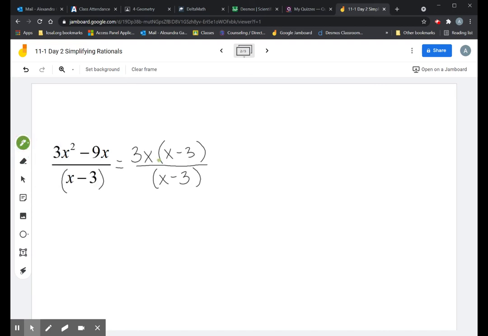I have the exact same parentheses in the numerator and denominator, so now I can cancel them. And my final simplified answer is 3x. So it has to be the exact same parentheses, top and the bottom, to cancel.